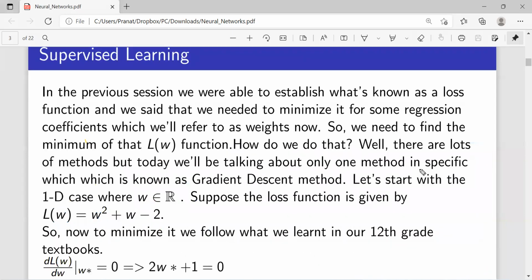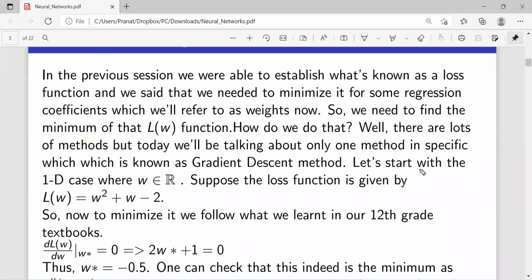So yeah, in the previous session, we were able to establish a loss function, and we said that we need to minimize it so as to maximize our accuracy. So here, what I've done is we replace our regression coefficients with something known as weights, and we represent L as our loss function as a function of weights.